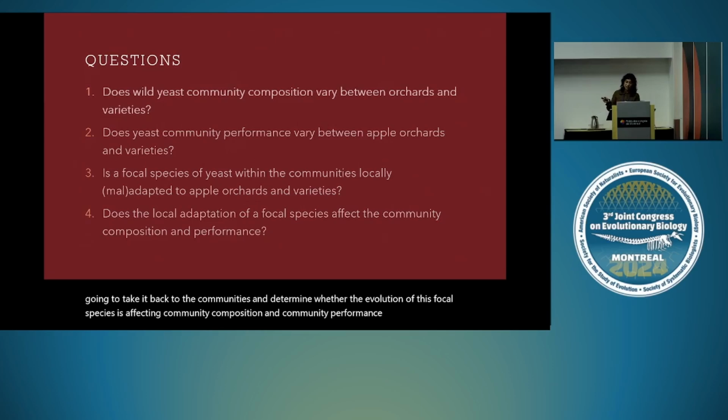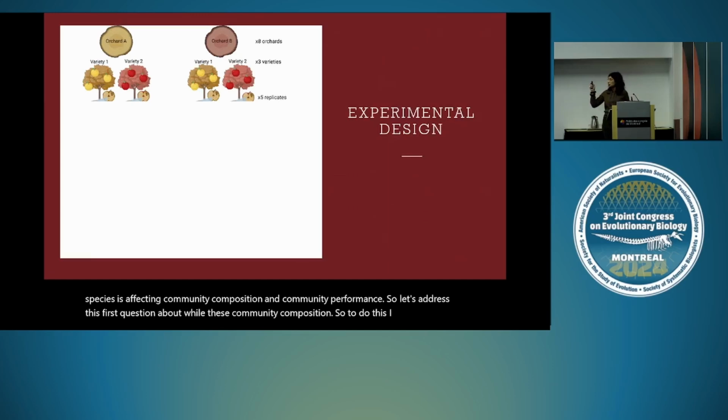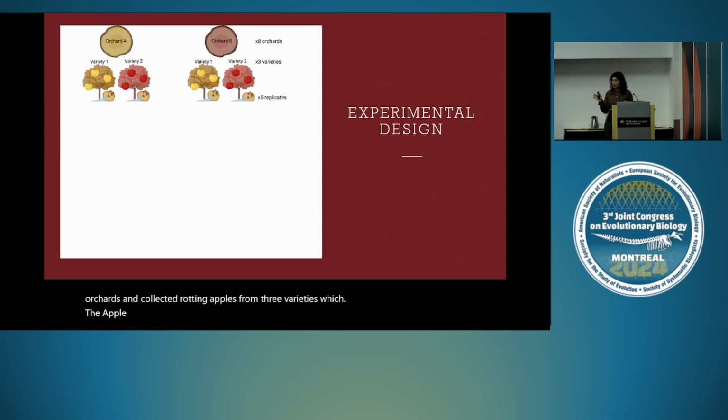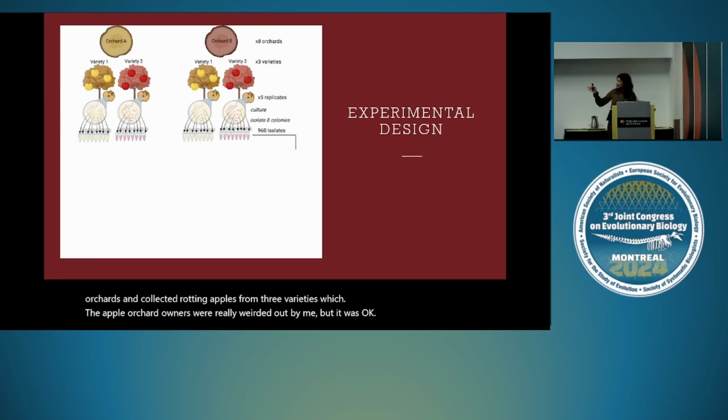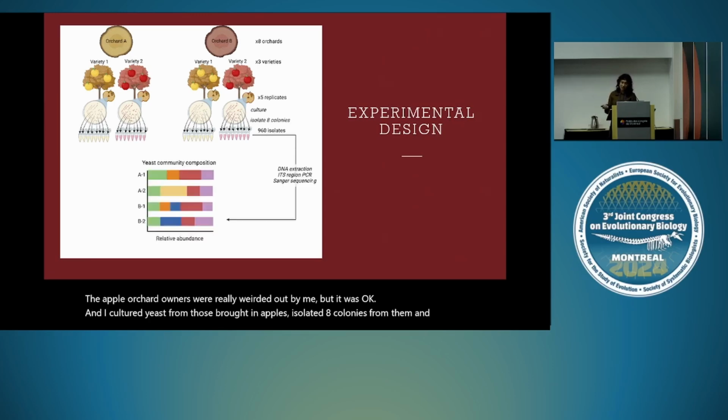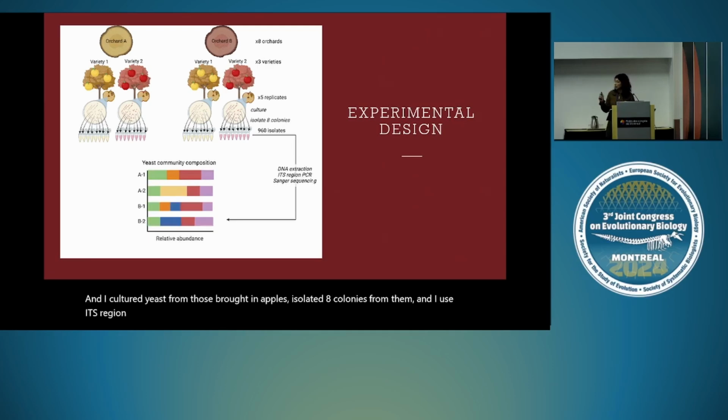So let's address this first question about wild yeast community composition. So to do this, I visited 8 orchards and collected rotting apples from 3 varieties, which the apple orchard owners were really weirded out by me, but it was okay. And I cultured yeast from those rotting apples, isolated 8 colonies from them, and I used ITS region barcode sequences to characterize the fungal microbiome.